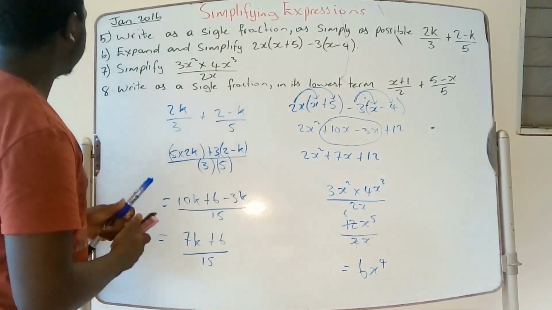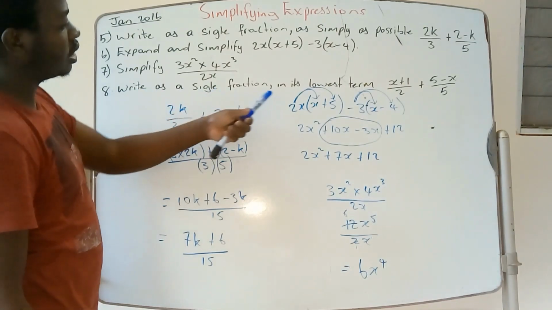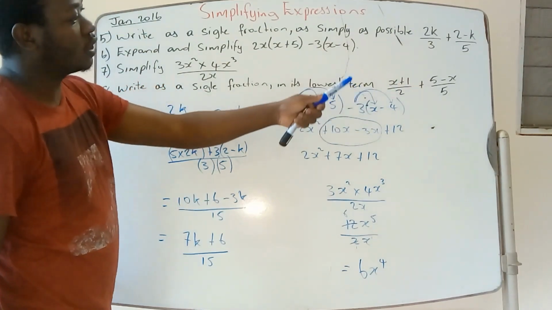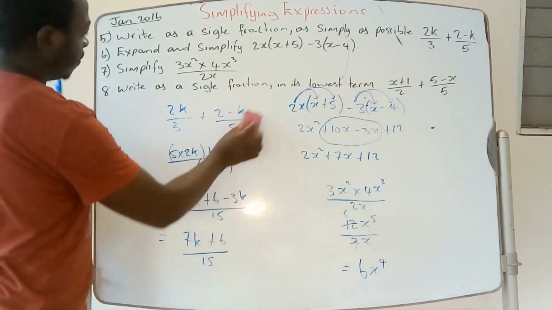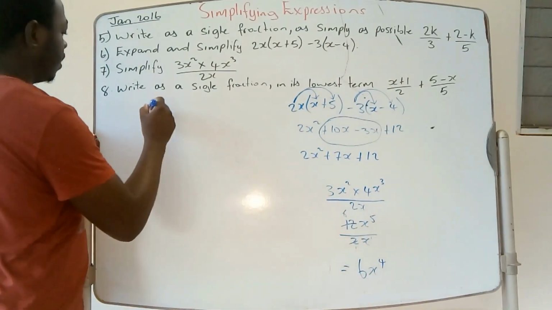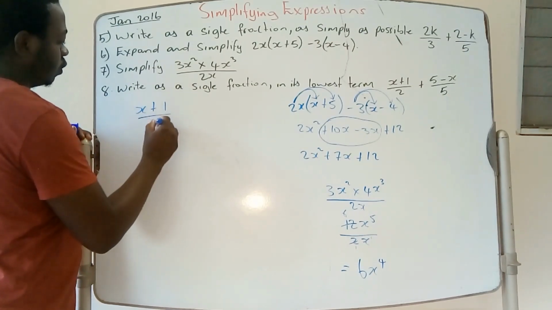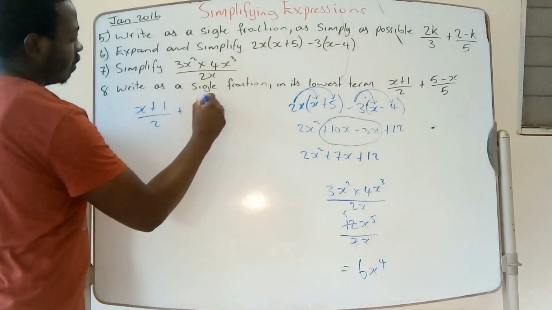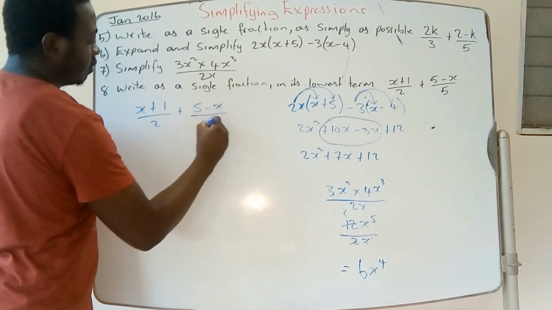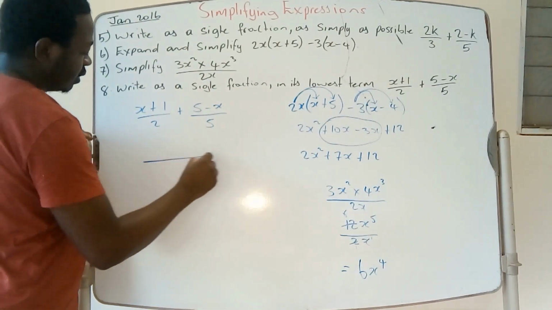Let's look at our number 8. Write as a single fraction in its lowest terms: x plus 1 over 2 plus 5 minus x over 5. So again, find a common denominator.